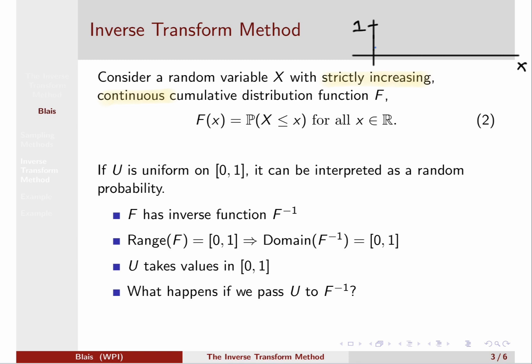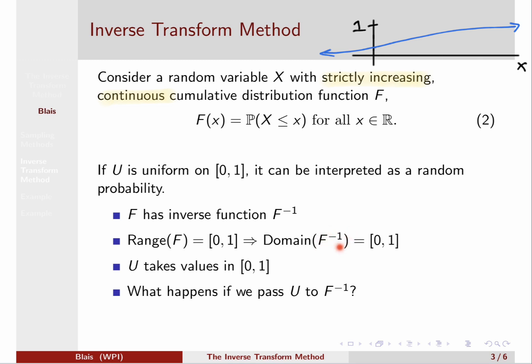The CDF F being strictly increasing and continuous means it should look something like this. Now, of course, that means its range is the interval 0, 1. Thus, its inverse has domain 0, 1. A function and its inverse swap domains and ranges.